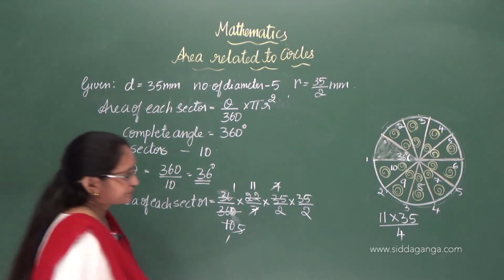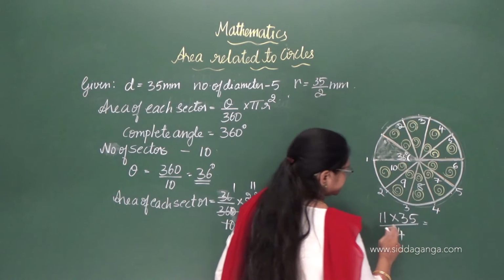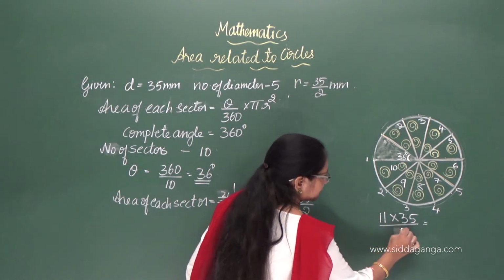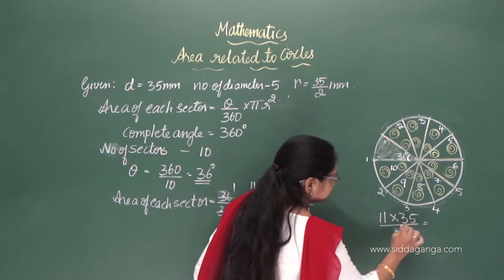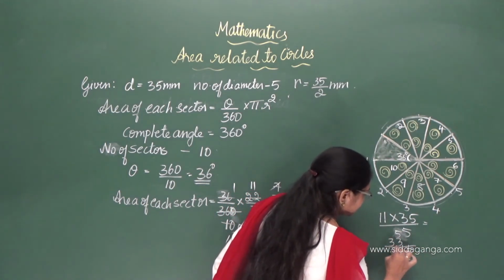Okay, now let us solve this. 5 ones are 5, 3 ones are 3, 385.